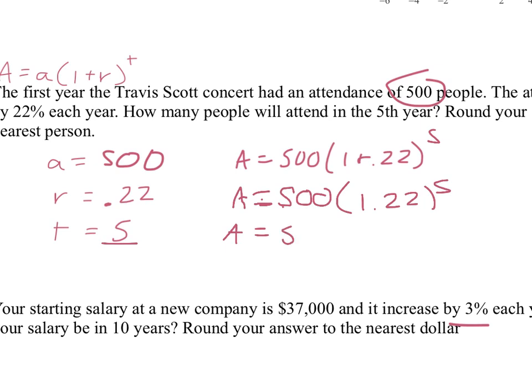And now we're going to put that into our calculator. So we click that 1.22, x raised to the y, then 5, then equals, and we get 2.7027. And then we just multiply this times 500. And we get 1,351.